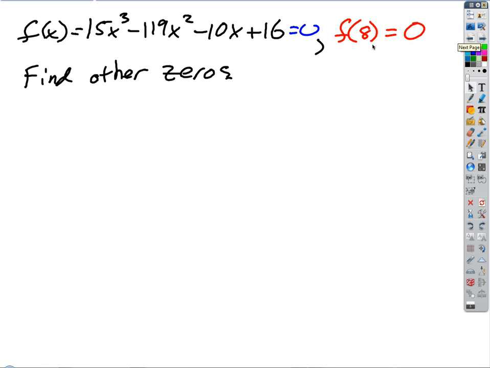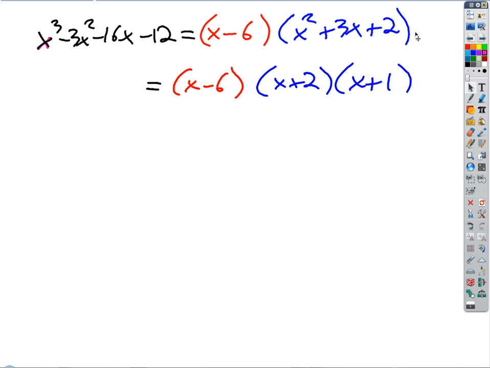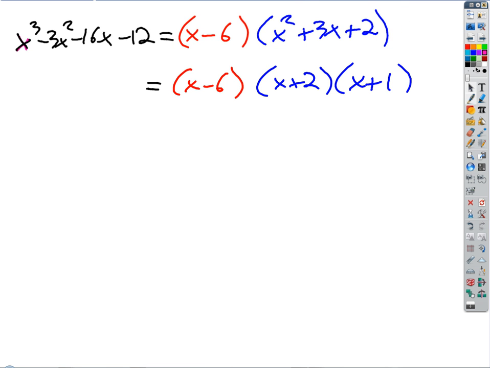Now let's go back to the last problem for a second and talk about why that would have made that last problem just a little bit easier. If all I was trying to do was find the zeros, then I'm really just trying to find out when the function equals 0. Now remember why it is that we factor in the first place.